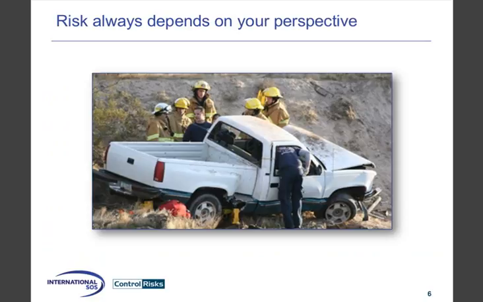As we know, risk always depends on your perspective. So we want to take a look at this perspective and understand that limitation whenever we're looking at this. When we talk about risk perspective, we're talking about your risk tolerance. Looking at this picture here, we see there's obviously been a car accident. We could have some injuries here, and this looks like it could be a bad situation.